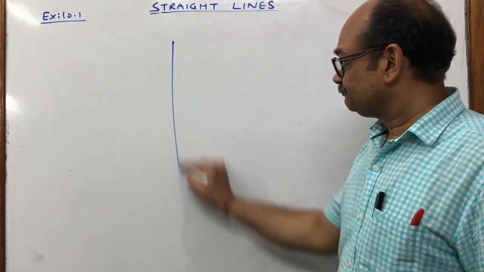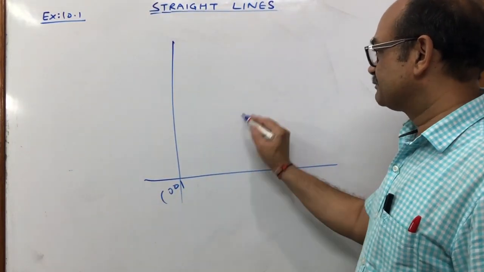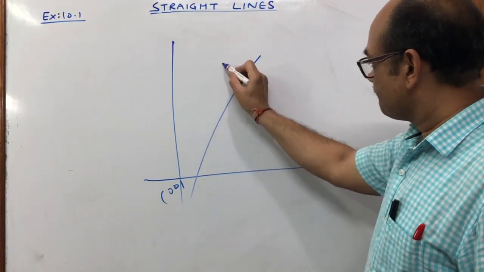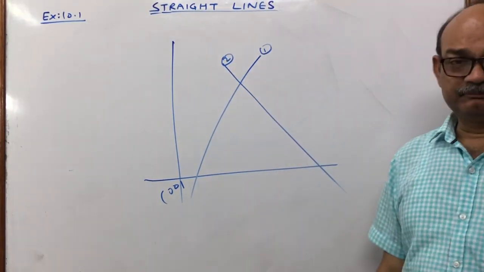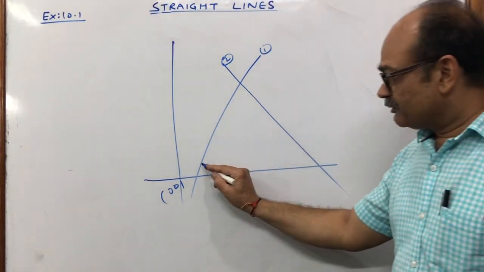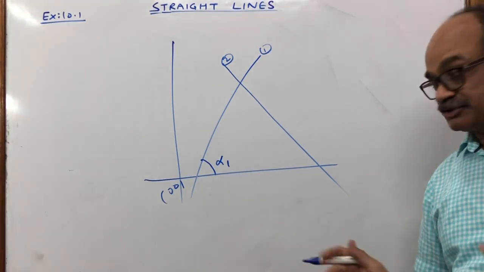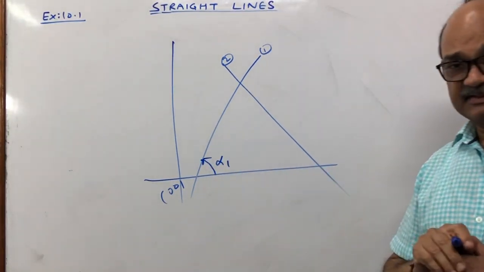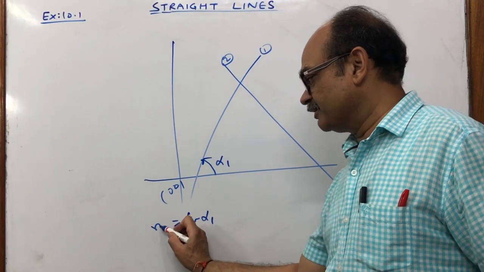Suppose we have an origin and two lines, by the way. This is line number 1, this is line number 2. Line number 1 makes an angle of alpha 1 from the positive direction of x-axis. It means its slope is tan alpha 1, suppose m1.